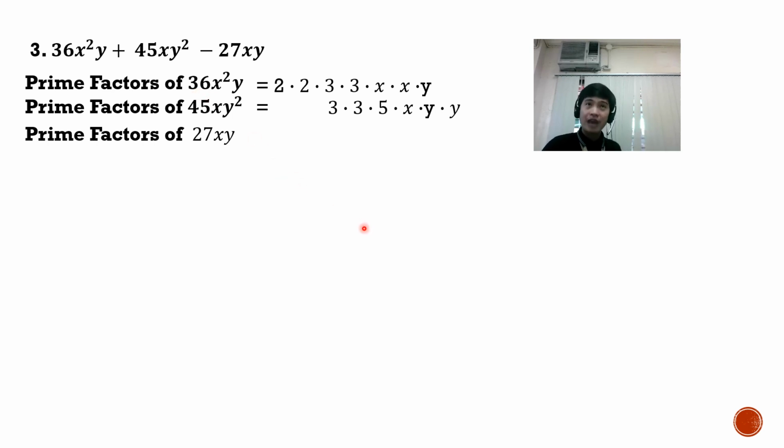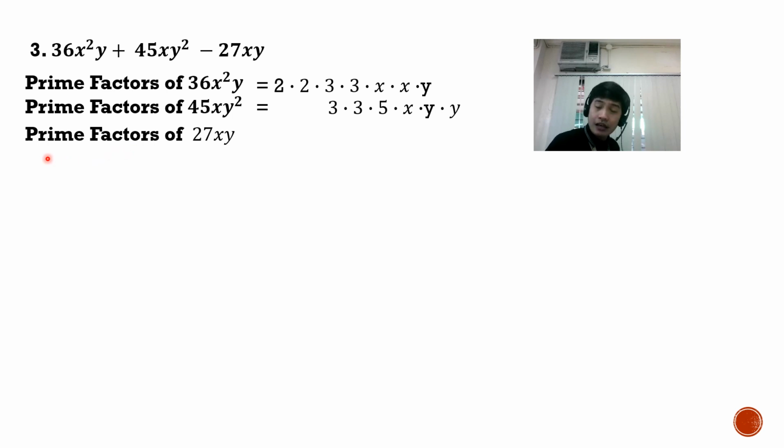So yung 9 times 5, yung 9, pwede mo pang gawing 3 times 3. Di prime na yung 9. Kasi na-factor pa yung 9 eh. So 3 times 3 times 5 times x, kasi isa lang naman yung x na yan, times y, because y squared meaning to say, twice, i-multiply si y.